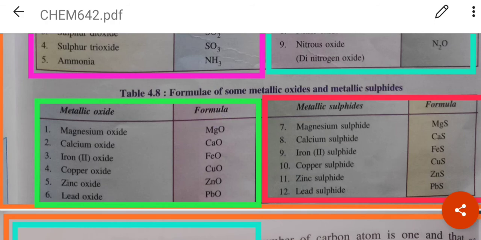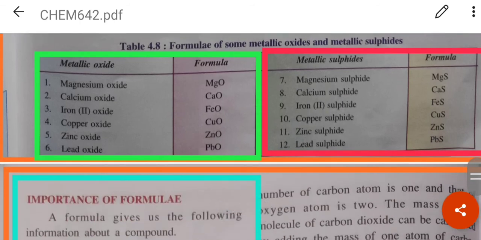Magnesium oxide MgO, calcium oxide CaO, iron II oxide FeO, copper oxide CuO, zinc oxide ZnO, lead oxide PbO, magnesium sulfide MgS, calcium sulfide CaS, iron II sulfide FeS, copper sulfide CuS, zinc sulfide ZnS, lead sulfide PbS. So you are going to learn these formulae.